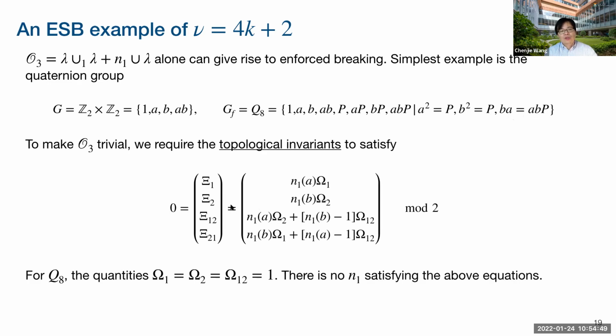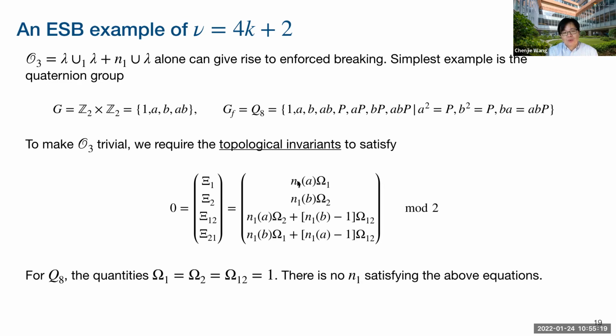In order to study whether it's trivial or not, we actually compute the topological invariants, which are mathematical quantities that are invariant under coboundary transformation. It turns into these 4 equations. So this O3 obstruction is trivial if and only if all these 4 quantities, which are called topological invariants, are 0 modulo 2.